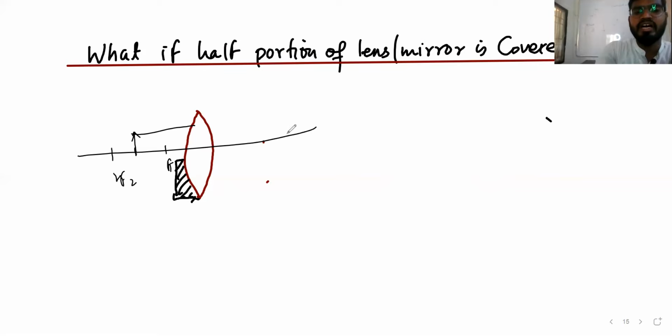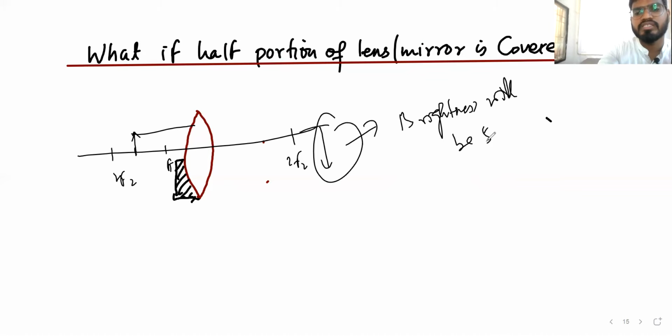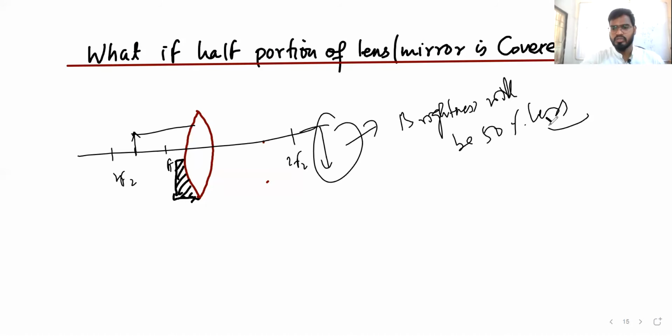So somewhere here beyond 2F2 the image will form, but the brightness will be 50% less, right? That we should understand. That's it. So from this we see that 50% brightness will decrease. Fine. So you guys revise till here. We'll see in the next class.